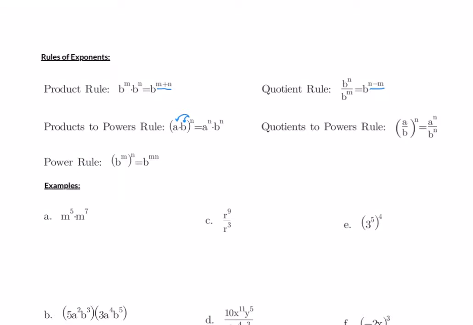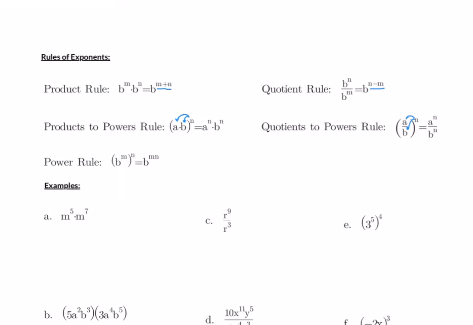Similarly, for quotients, if you have a fraction raised to an exponent, same thing, you distribute the exponent to everything inside the parentheses. And the last one we have is the power rule. If you raise an exponent to another exponent, you multiply the exponents.